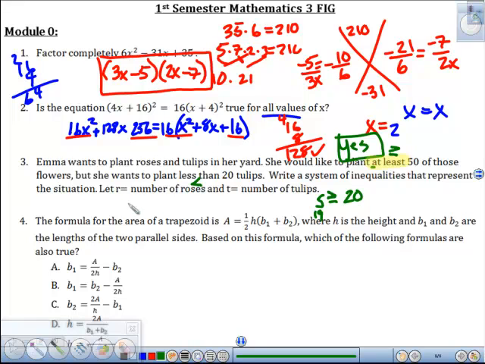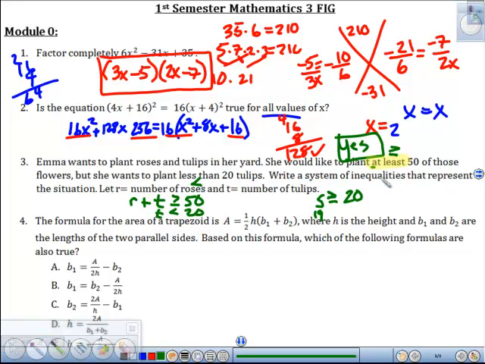So R plus T. Okay, so roses and tulips, she wants to plant at least 50 of those. Okay, so this would be our first inequality. And then the next thing she says is that she wants to plant less than 20 tulips. So when it comes to the tulips, she wants to plant less than 20.